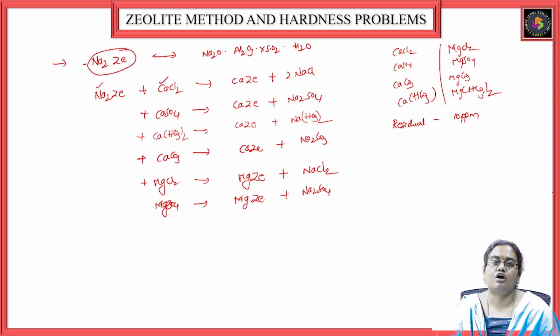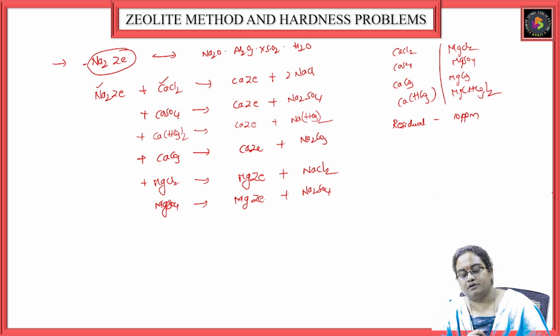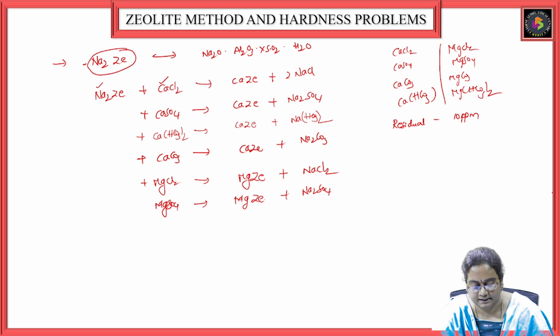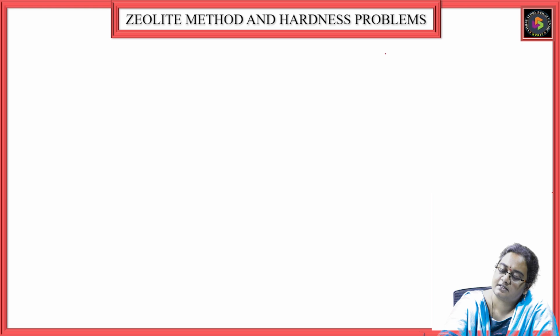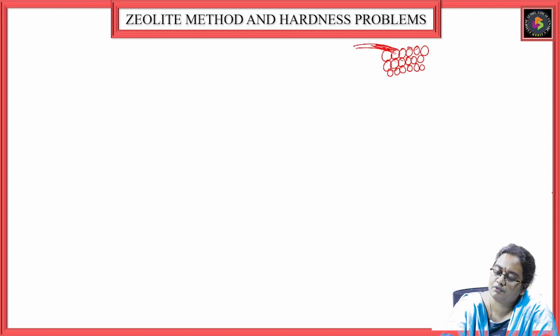So after using multiple cycles, what will happen? The zeolite gets exhausted. So this is your zeolite bed. Initially it is your zeolite bed in a pure form. But after passing water through it, what will happen?